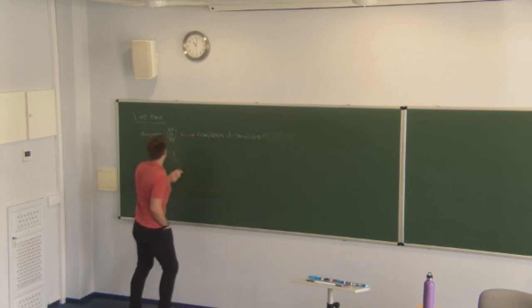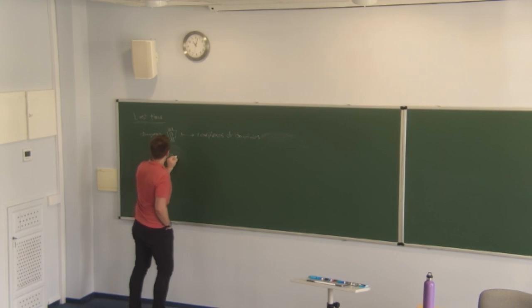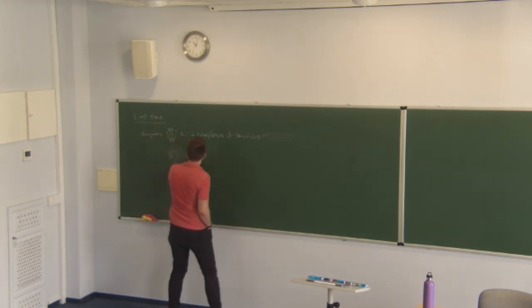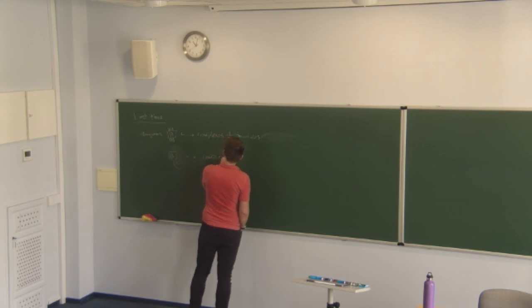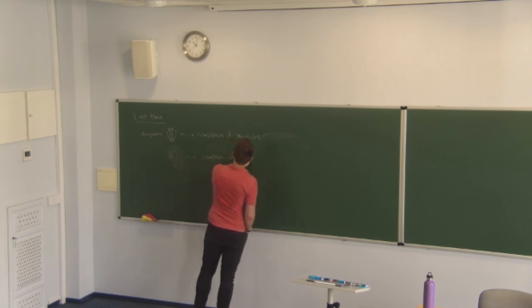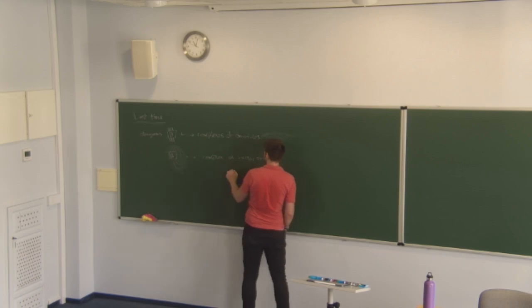The diagram obtained by connecting up the top and the bottom will correspond to just a complex of vector spaces, so just a normal complex, by means of taking Hochschild homology.